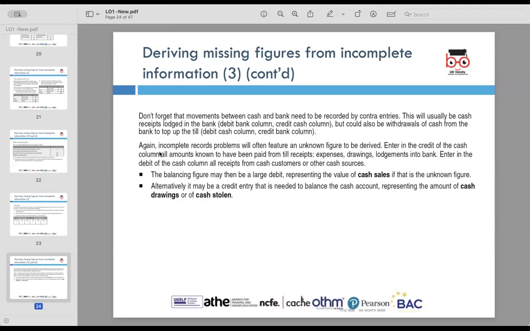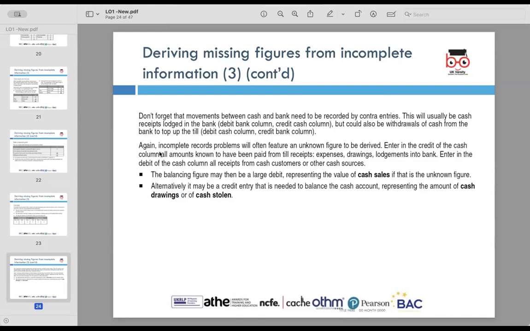Recording unknown figures: in case of incomplete records, accountants face challenges where certain figures are unknown and need to be derived. This involves crediting the cash column for known payments from till receipts, for example, expenses, drawings, and lodgement into bank.